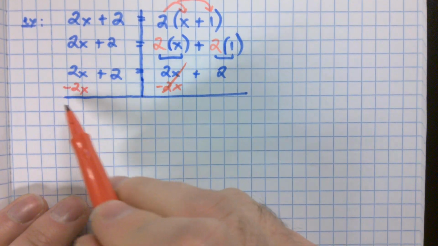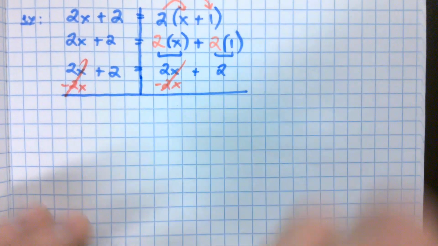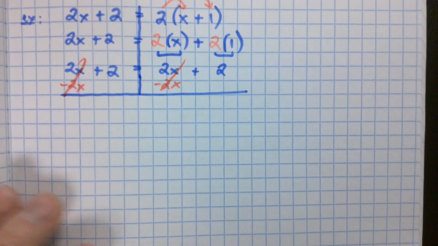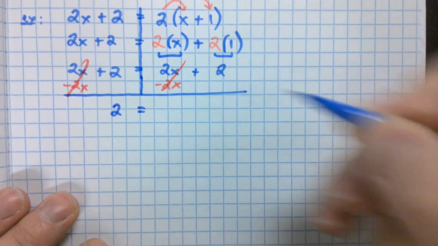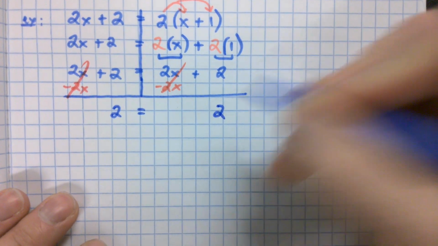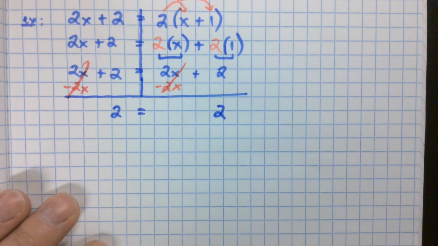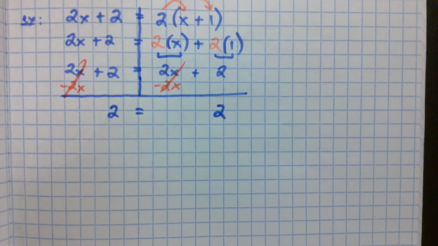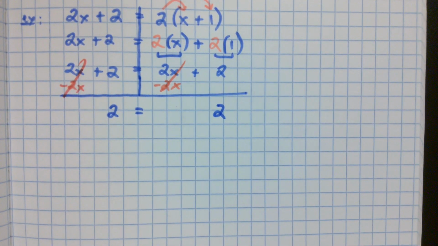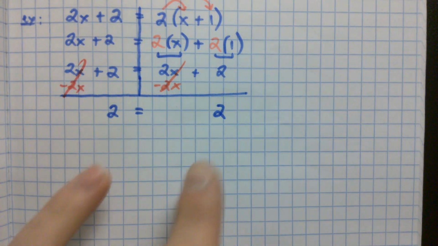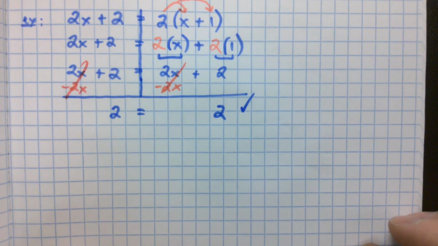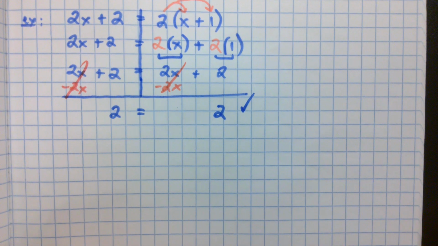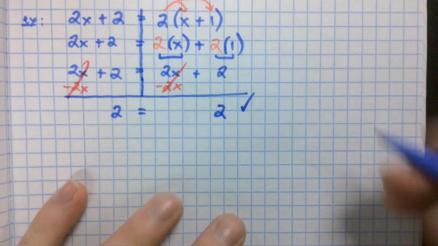So what can we do with those? Cross them out as well. So we're left with a 2 on the left equals a 2 on the right, and no variable terms left. So the question is, does 2 equal 2? Yes, it does. So how many solutions do we have? One, many, or none? Many solutions.